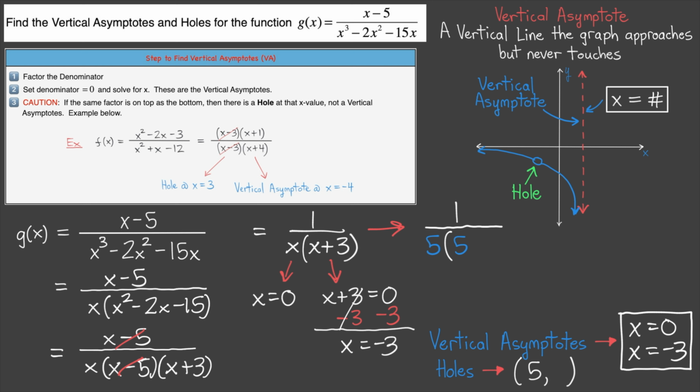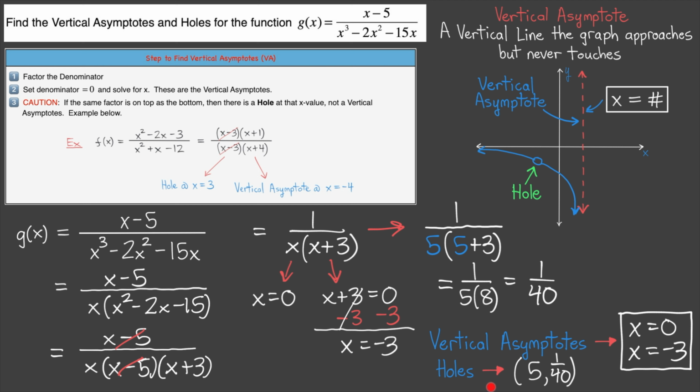All we're doing is plugging in a 5 wherever we see x. So this simplifies to 1 over 5 times 8, which equals 1 over 40. All right, so that is our y value of the hole, so that's what goes here. So I'll write that here, 1 over 40.